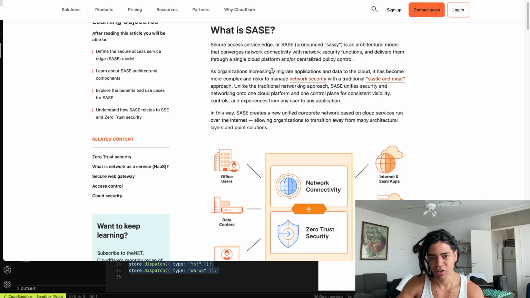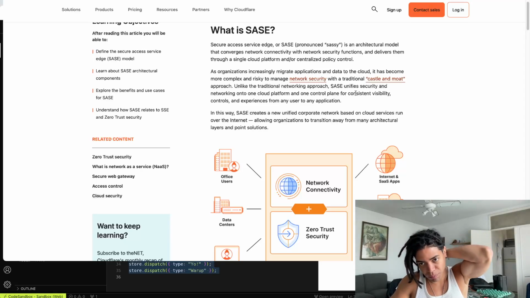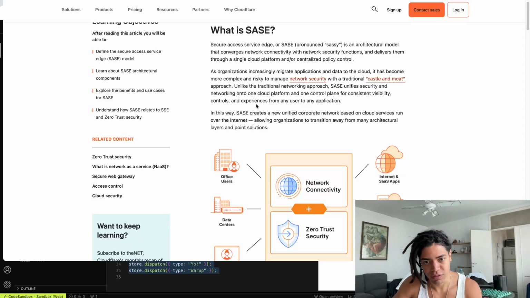As organizations increasingly migrate applications and data to the cloud, it has become more complex and risky to manage network security. Unlike the traditional castle and moat approach, SASE unifies security and networking onto one cloud platform and one control plane for consistency, visibility, controls, and experience from any user to any application.